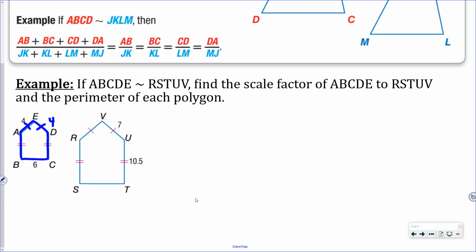We don't know that. They're just showing you that in each separate polygon, so in this polygon, my green one, if this is 7, this is also going to be 7. Just be careful with those markings.